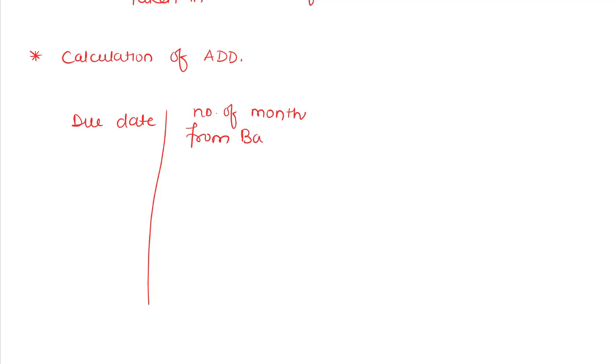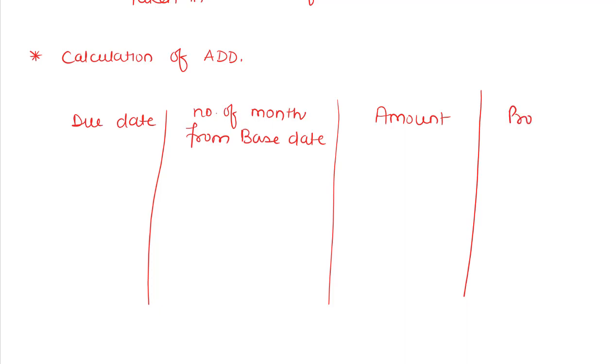Calculation of average due date. First column is due date. Number of months from base date. Amount and product.